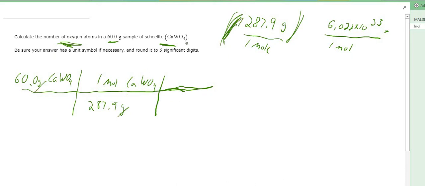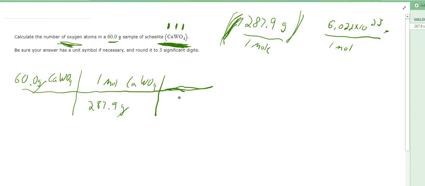And now here is the trick of this problem. I know that in 1 mole of scheelite there are 1 mole of calcium, 1 mole of tungsten, and 4 moles of oxygen. So I have a conversion factor built right into this molecular formula.